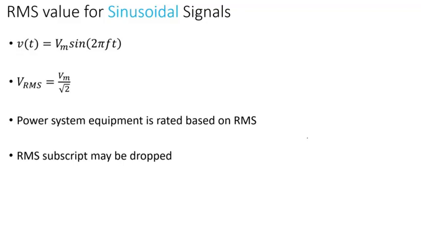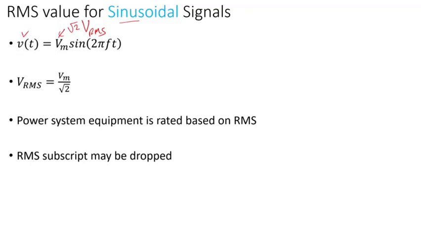When you have sinusoidal signals, again, this is a special case. You only apply this if you have a sinusoidal signal, in the form V equals Vm, the peak magnitude, which is root 2 times V RMS, times sine of 2 pi ft. F is frequency, T is time, and I'm ignoring phase shift here.